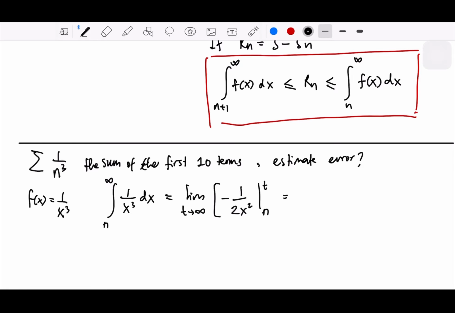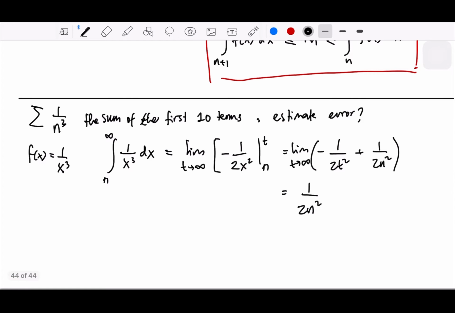Maybe we start from n like that, so that we will have 1 over 2t squared, limit, and then plus 1 over 2n squared. Now this results in 1 over 2n squared. This is the integral.